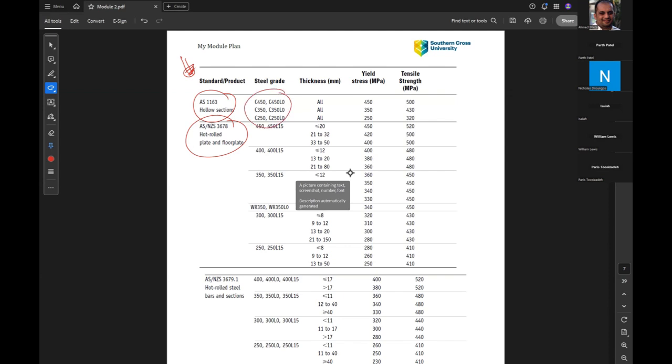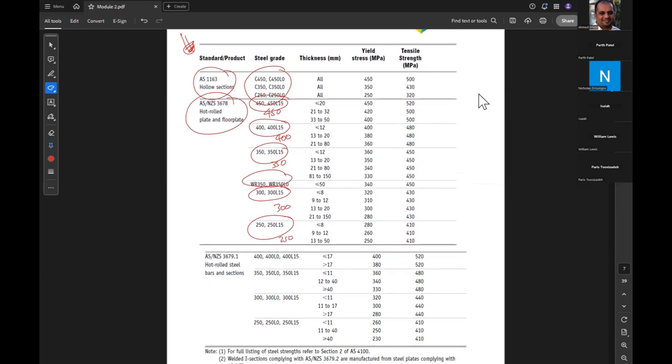For hot rolled sections, we have all these grades: grade 450, 400, 350, 300, 300 plus, and 250. So all these grades are available for hot rolled. Let's focus on this one.